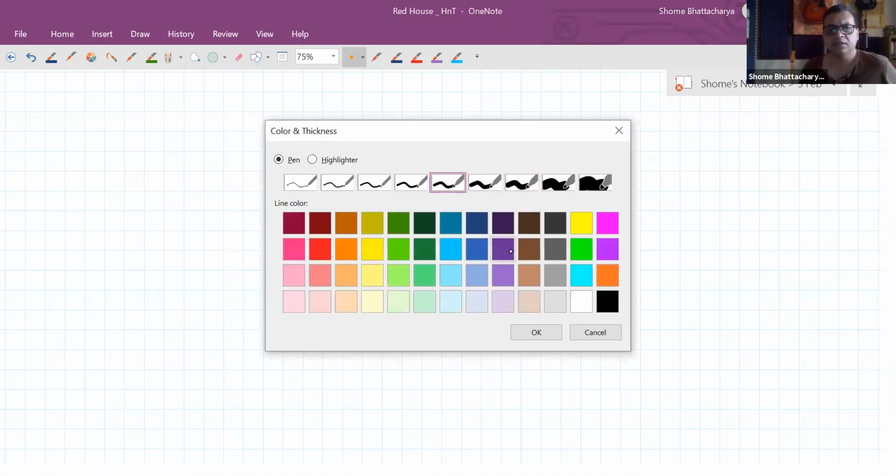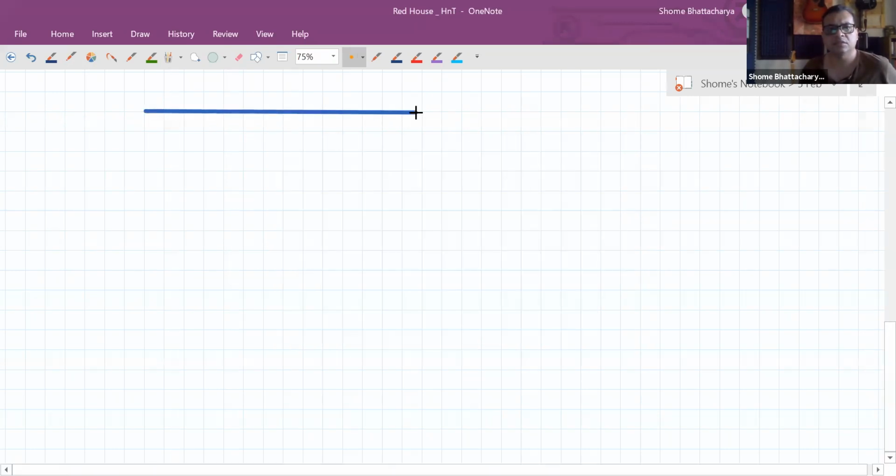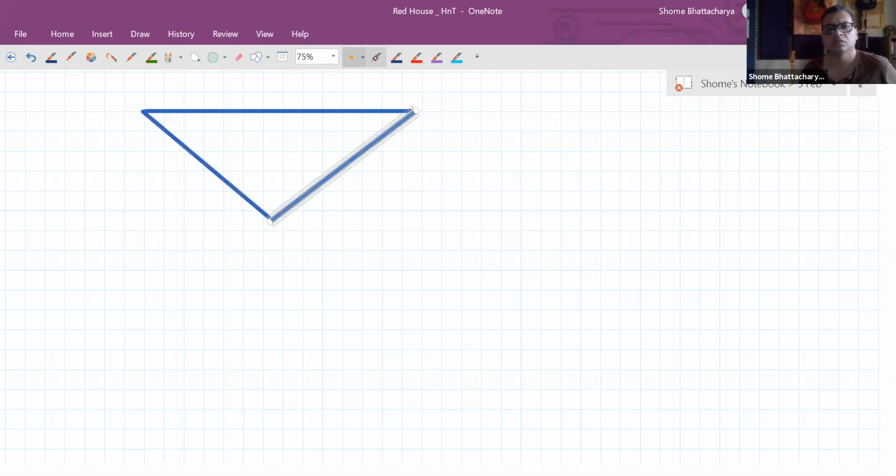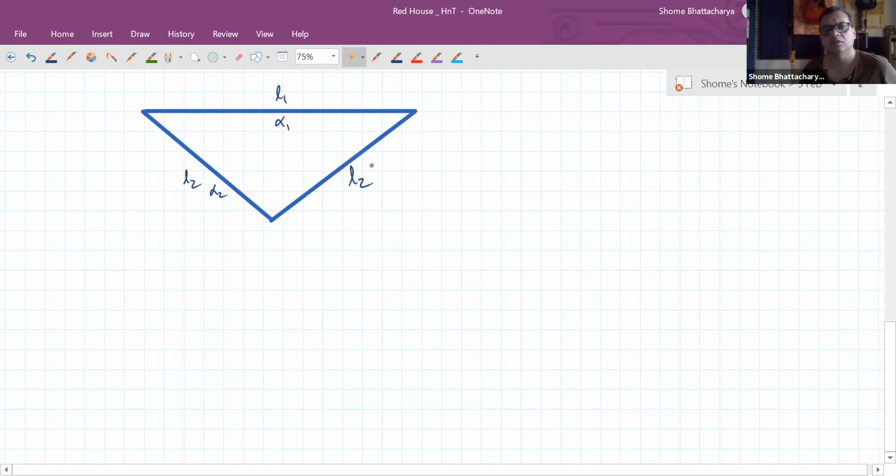Let us say at some particular time, the shape of this triangular frame is like this, with the three metallic rods hinged together. As we've seen, these two are of length L2, this one is of length L1 and is a different material, whereas these two are of the same material.